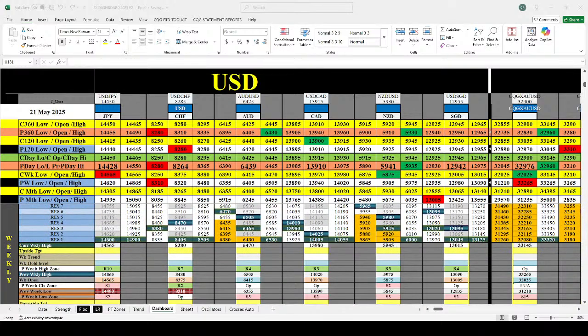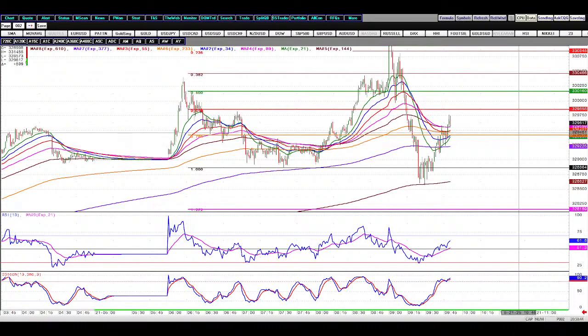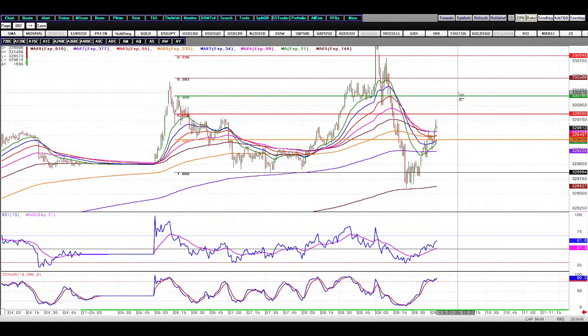Either 59.70 or 60.10, this should be our selling levels. Let's confirm this with the chart. Then we'll have a very clear discussion on gold.